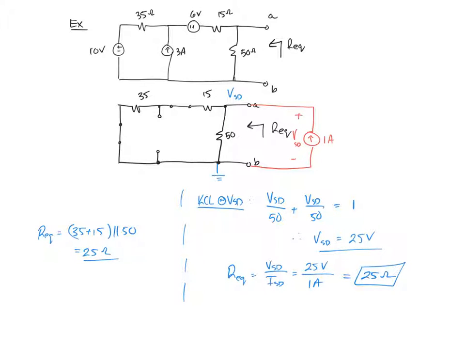So we see that this method works the way we anticipated it to work. The powerful thing about this method, though, is that this technique works even with dependent sources being present in the problem, where resistor combinations cannot work if there are any kinds of active elements present.